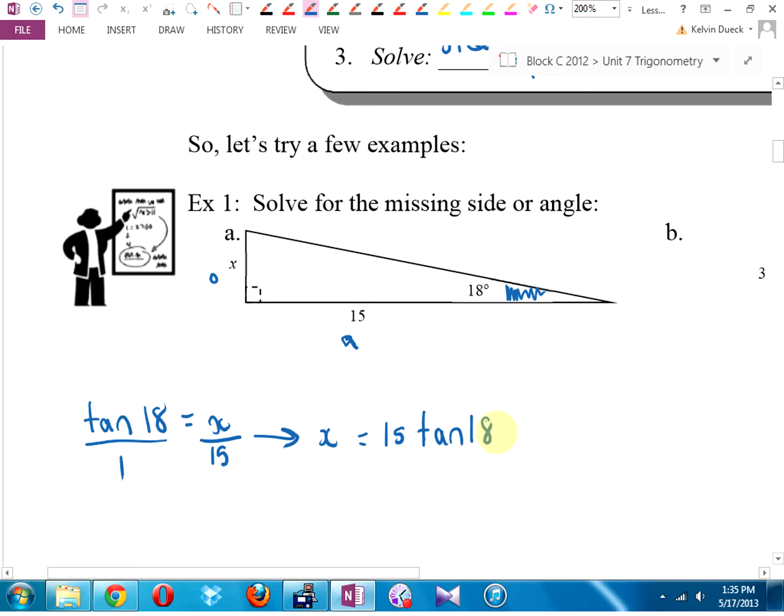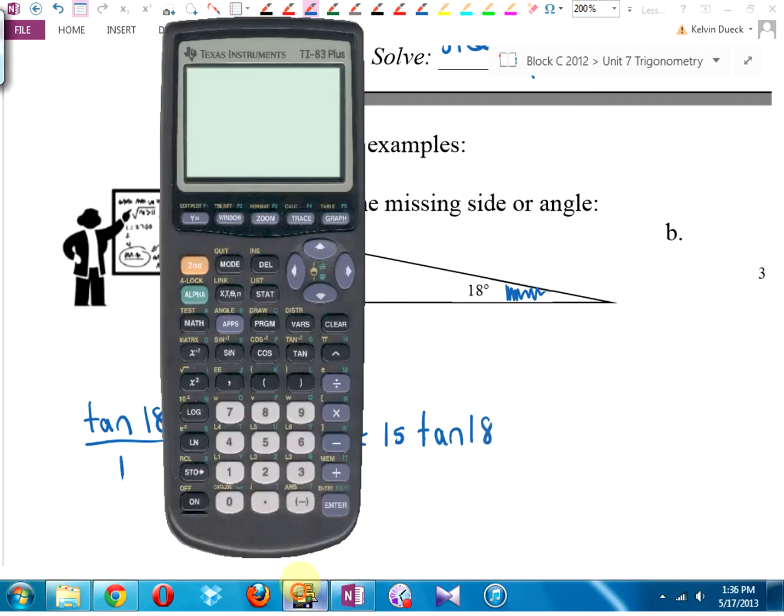Then go to your calculator and type in 15. You may have to go times tan 18, or if you have a good calculator, you may even be able to type 15 tan 18. My calculator and some of yours require me to go 15 tan 18, close off a bracket because it automatically opens a bracket after the trig function.